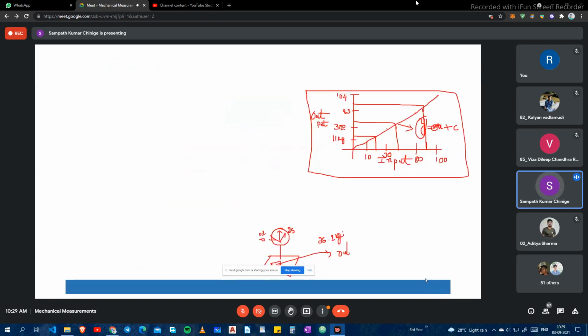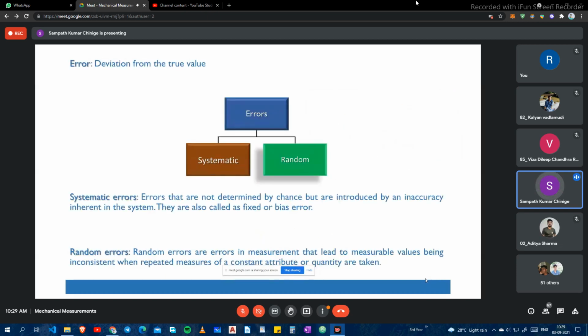But the flow of air surrounding it may have changed. You don't know, because that effect is very slow. So initially one value will come, and the second time you do it, it will give another value. Such errors we call random. We don't know why those errors have come into the picture.